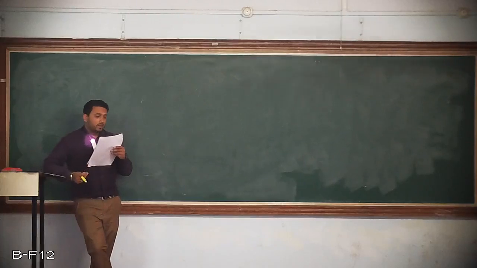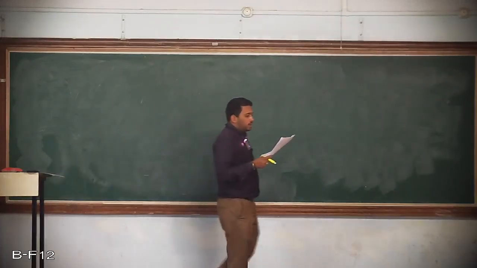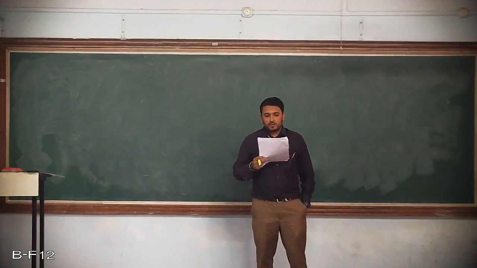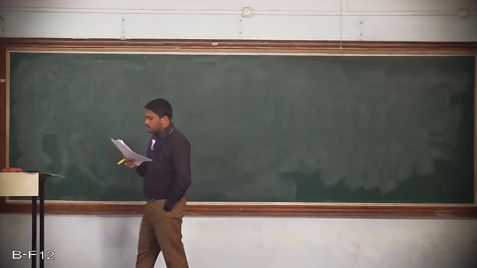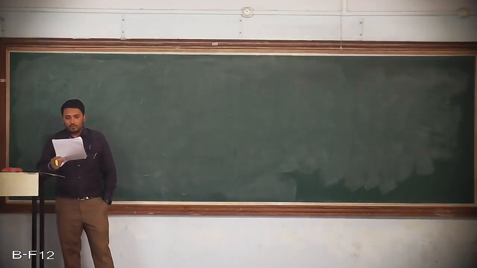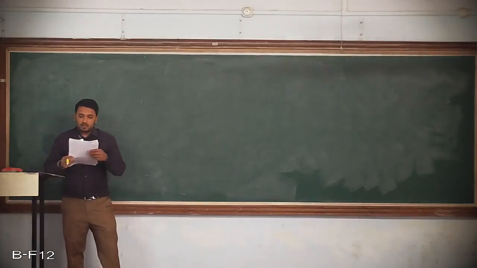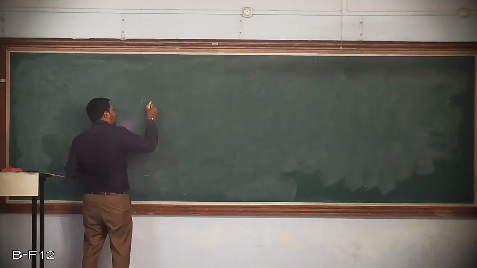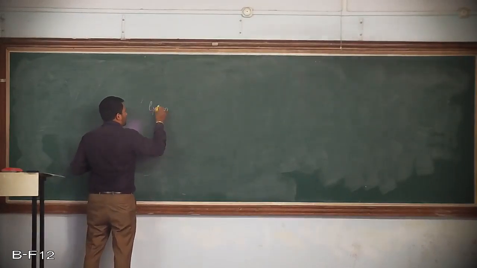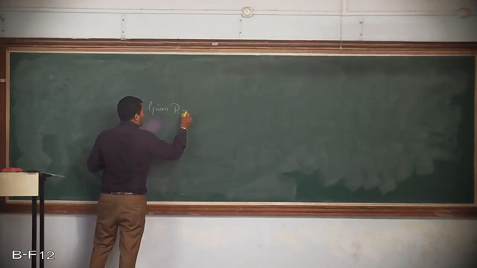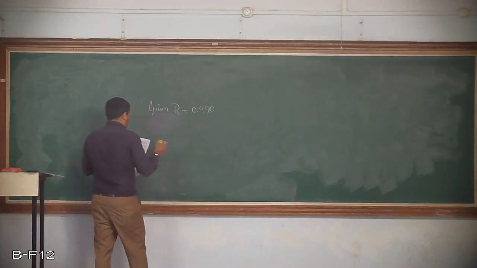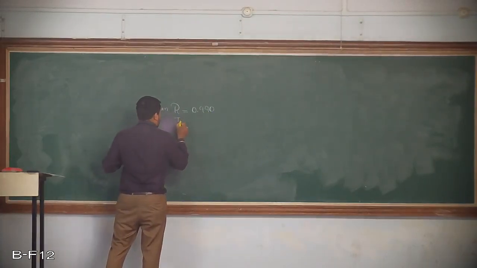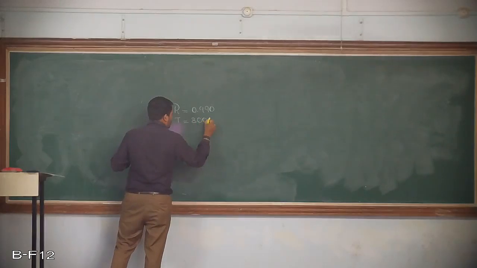So here what is given in this problem is the reliability of a system, that is 0.990, and a specified time period T, that is 8,000 hours.